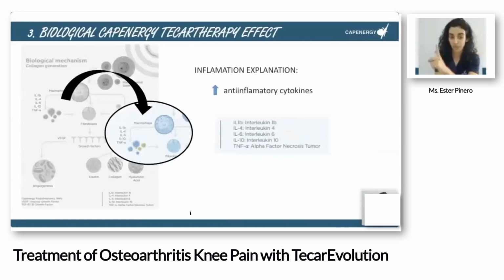The first objective we have is to decrease the inflammation. We know that the wave or radiofrequency makes an input in the macrophage, and this stimulates the increase of anti-inflammatory cytokines, like interleukin 1, interleukin 4, interleukin 6, and 10.